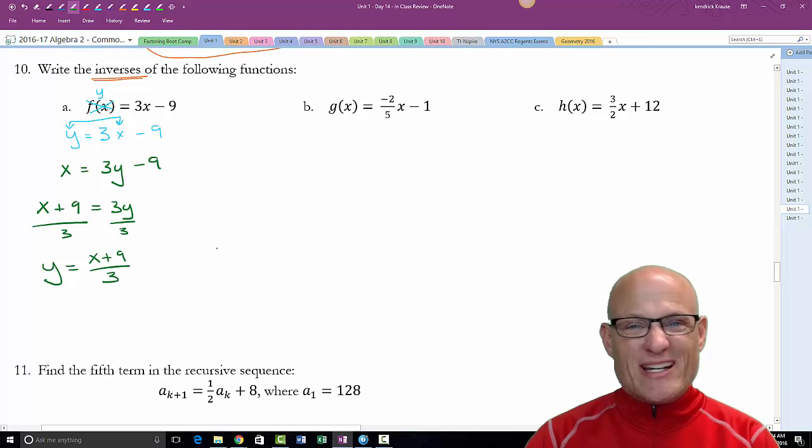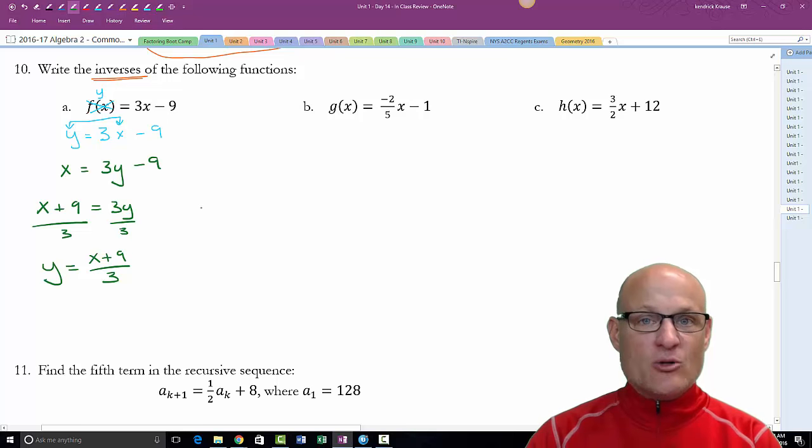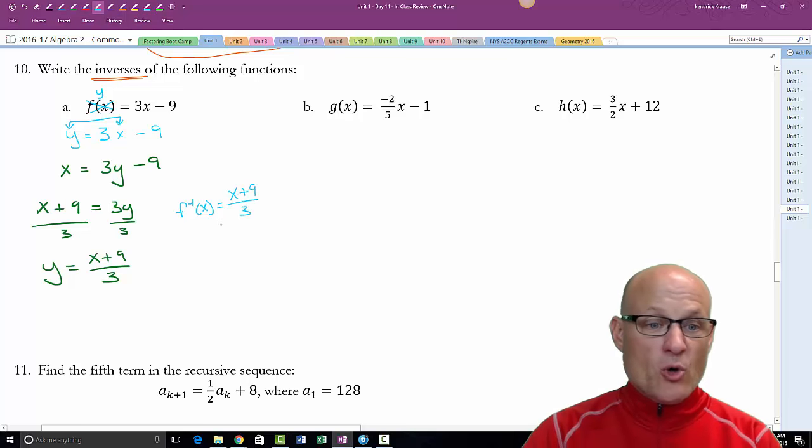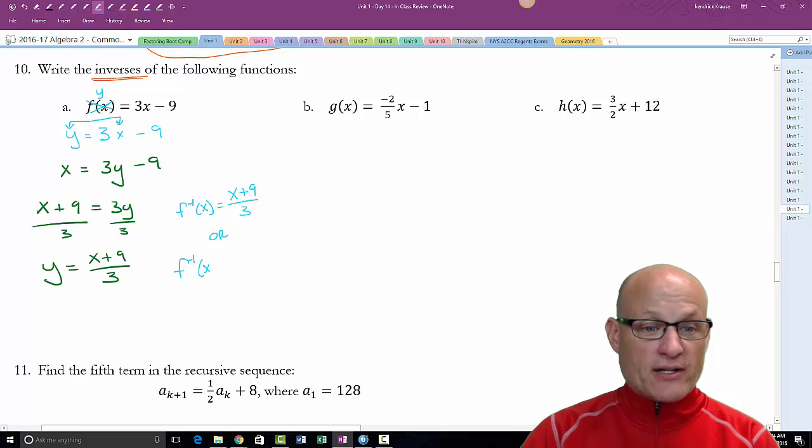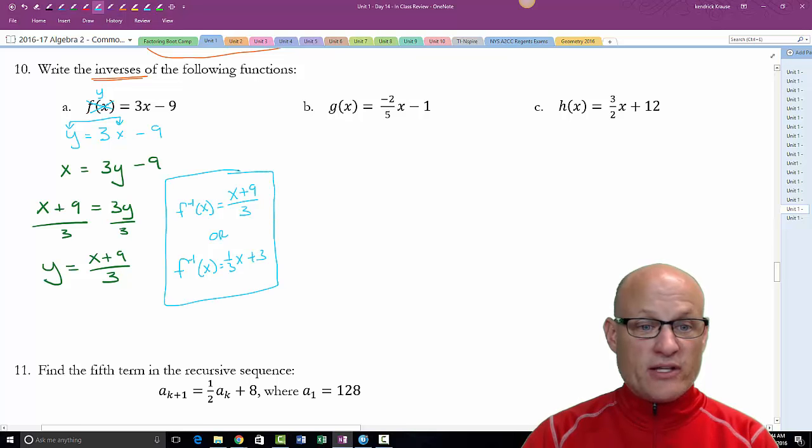So your two acceptable answers, make sure you understand this, are f inverse of x is equal to x plus 9 over 3, or you can have f inverse of x equals 1/3 x plus 3. Either one of these is acceptable.